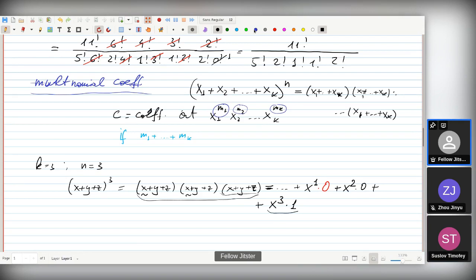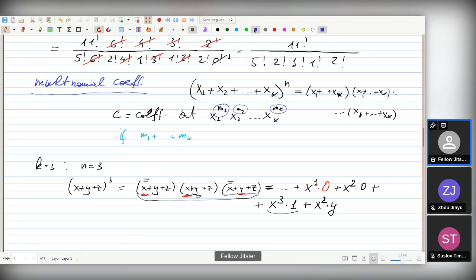Is it clear? Yeah, I understand. Can we have x squared multiplied by y? Yes, we can. How many ways are here to obtain it? 3. Of course, there are 3 ways, because we can take y from the third bracket. Another way is to take y from the second bracket and then x from the remaining 2.